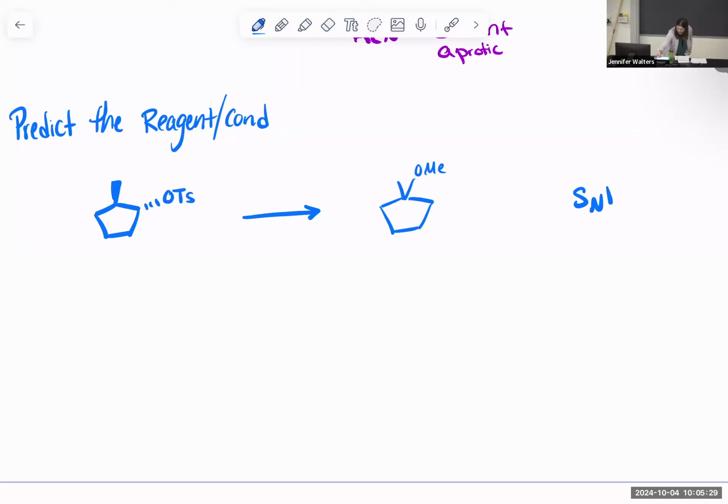I need to have an OMe, and I want a weak nucleophile, because SN1 usually prefers weak nucleophiles. So something like methanol, and then if you want to make it really go, you could add some acid, or you could add heat. But technically, you could just write methanol, and I would accept that.